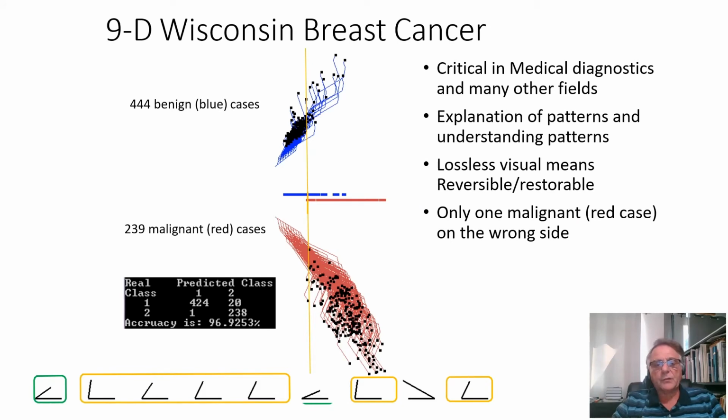This is a real case where we use 9-dimensional Wisconsin breast cancer data, and you can see that all blue cases are from one class and red from another class, allowing us to make a prediction quite accurately, with 96% linear separation between classes. And only one cancer case was recognized incorrectly, because we are always concerned not to miss cancer cases.